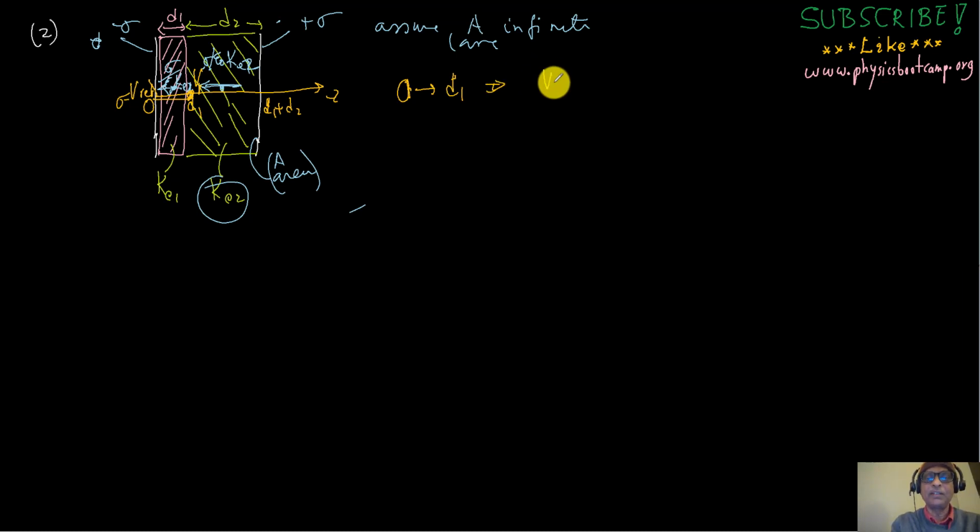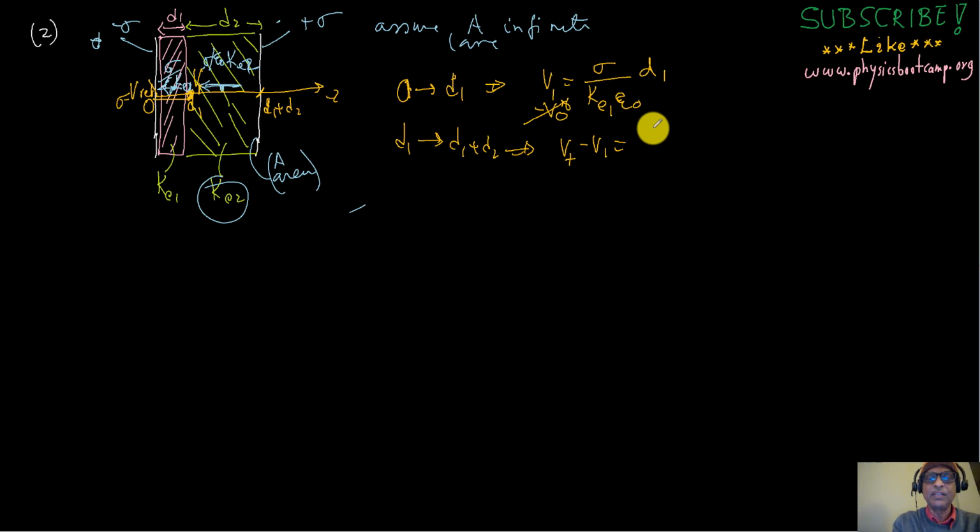This gives me V1 equal to this electric field sigma over Ke1 epsilon naught times D1, where I take V at O to be 0. And from D1 to D1 plus D2, I'm going to get V at this second plate, V plus minus V1 equal to sigma over Ke2 epsilon naught times D2.